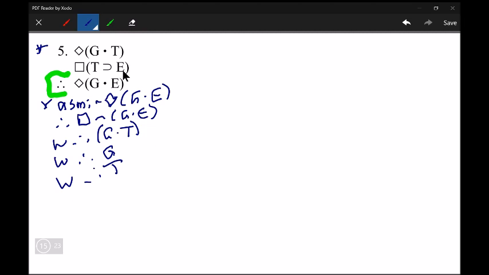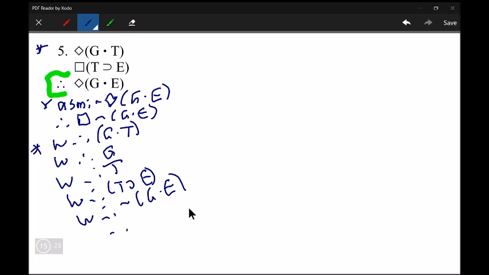So it's necessary that if T then E. So all worlds have if T then E. And it's necessary that not both G and E. Therefore, world W has not both G and E. Then you have T, T implies E, therefore E in world W. And then you have G, they're not both true, G is, therefore E is not in the same world W, and then you get a contradiction.